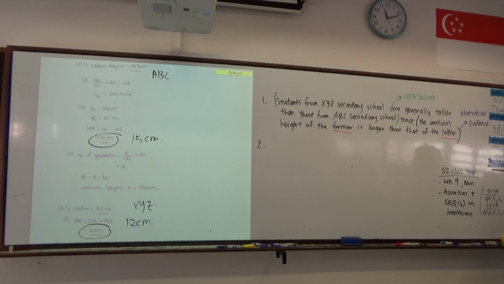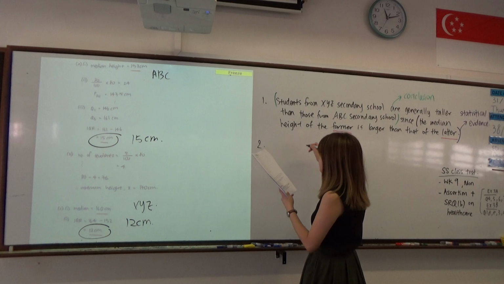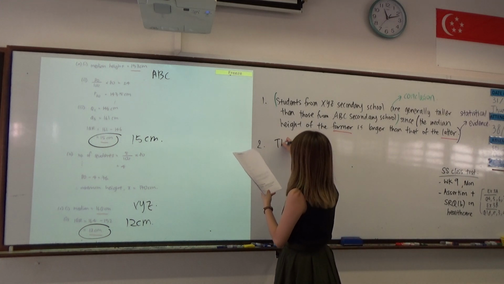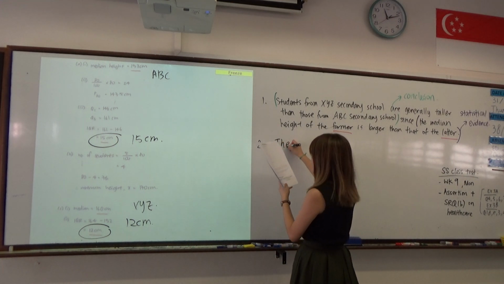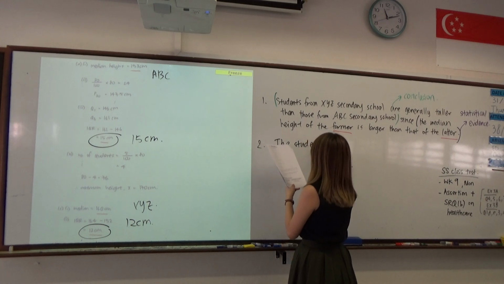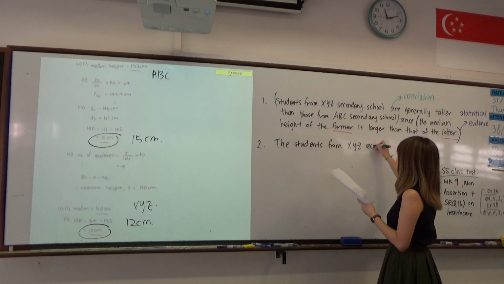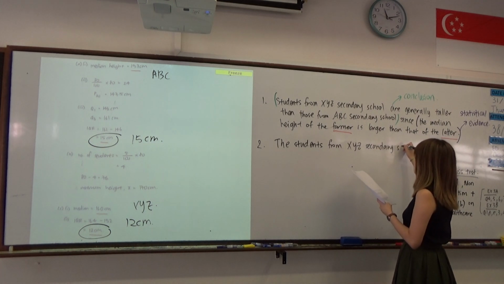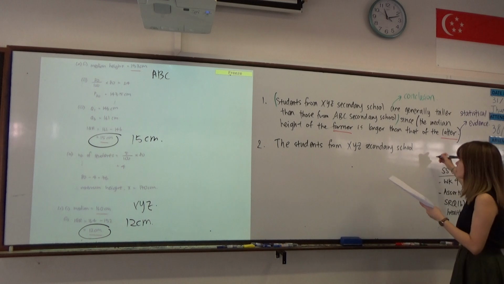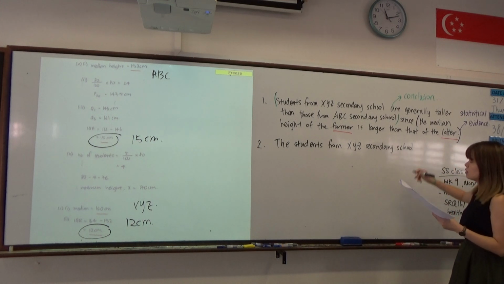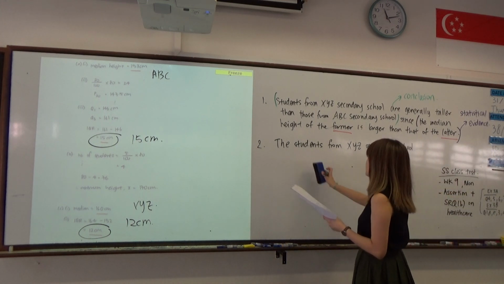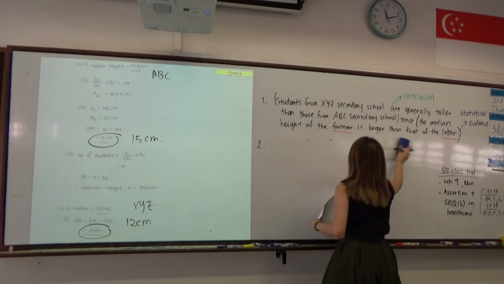how should I put it? Will be more consistent in terms of their heights, right, as compared to the interquartile range of the ABC secondary school. Okay, so the students from XYZ secondary school, sorry, let me rephrase this first.